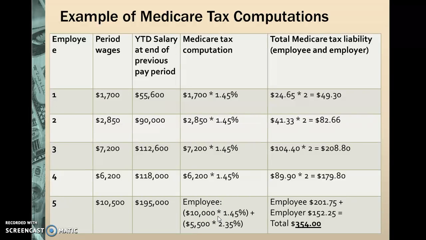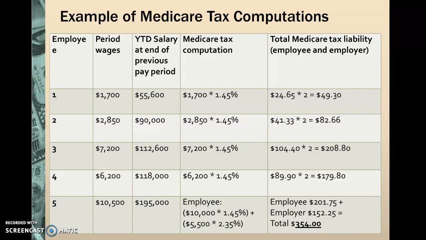In this case, they're going to take $5,500 multiplied by 2.35%. The employee and the employer's total Medicare then would be $354. Okay, and this is covered on page 124 in your book.